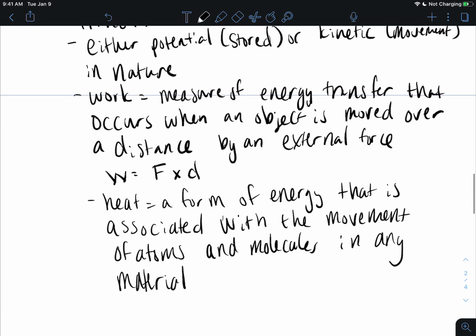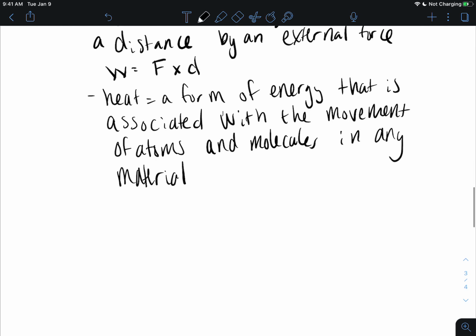So all of our matter. Generally, we think the higher the temperature of the material, the faster the atoms are moving, the greater the amount of energy present as heat. And then we think about heat flow from a warmer substance to a cooler or colder one, so that's where the heat flows itself.